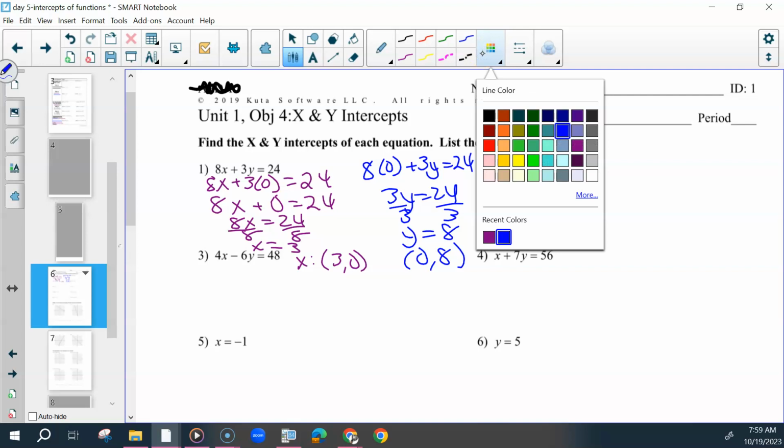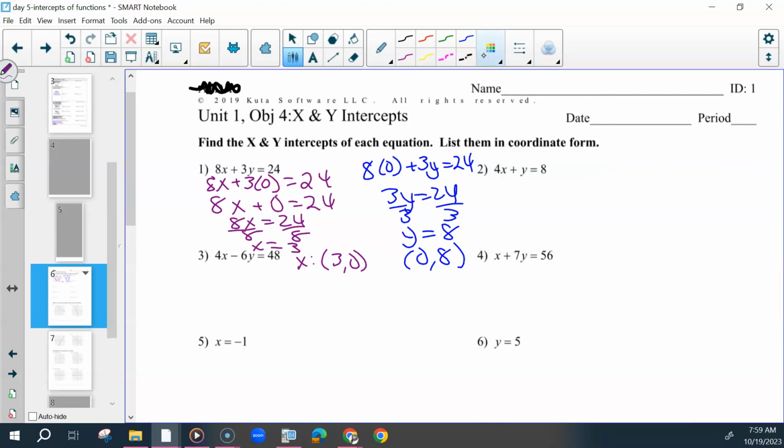Let's do number 2. Same concept. If I'm putting 0 in for y here, I'm sorry, that'll be for the opposite. It's just going to be the 4x equals 8, and then you can solve to x equals 2. So that would be 2, 0.